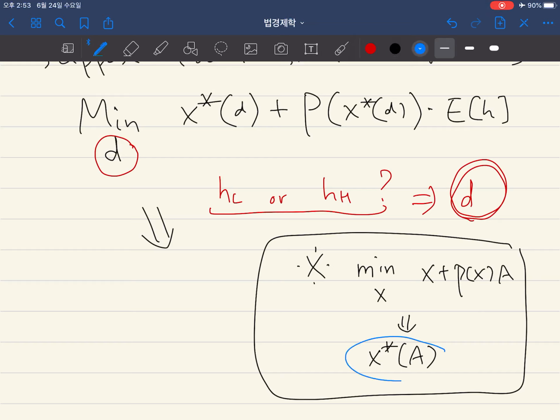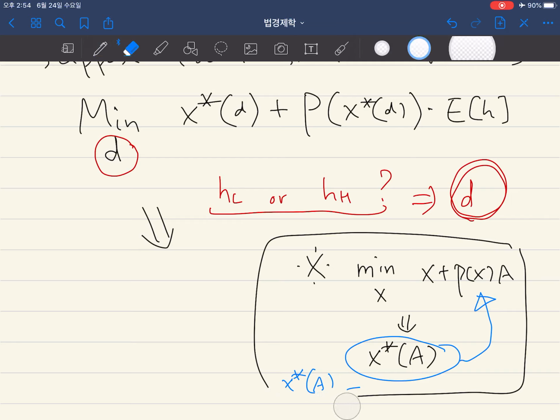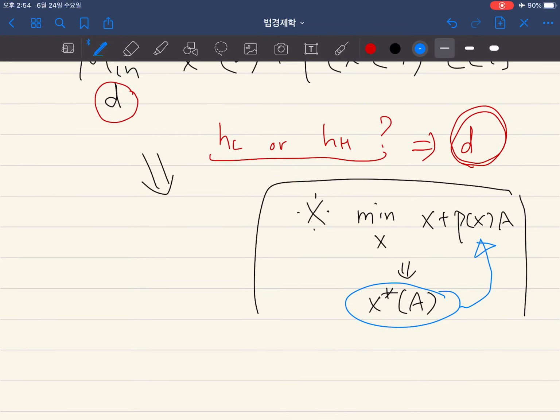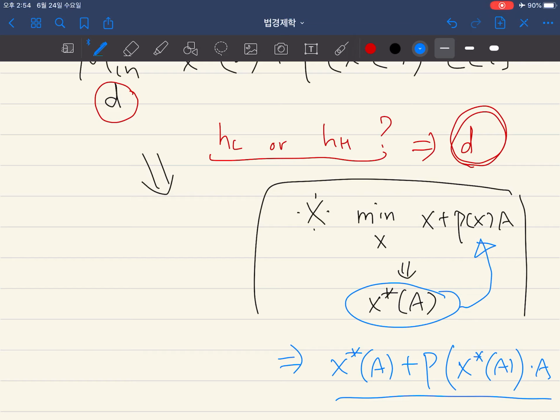If you put this solution back into our original function, then we get the minimized function value. So this blue expression is the minimized function value of our original function.